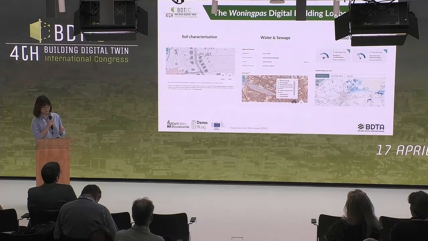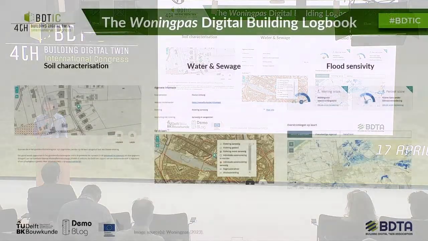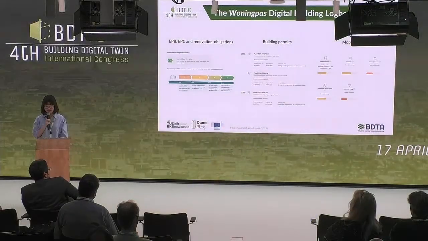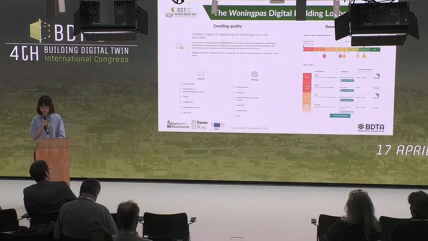As such, information categories currently offered by Woning Pass that make use of available government data include cadastral information such as soil characterization, water and sewage, and flood sensitivity, as well as certificates such as the EPC and the Flemish EPB, building permits and mobility assessments.